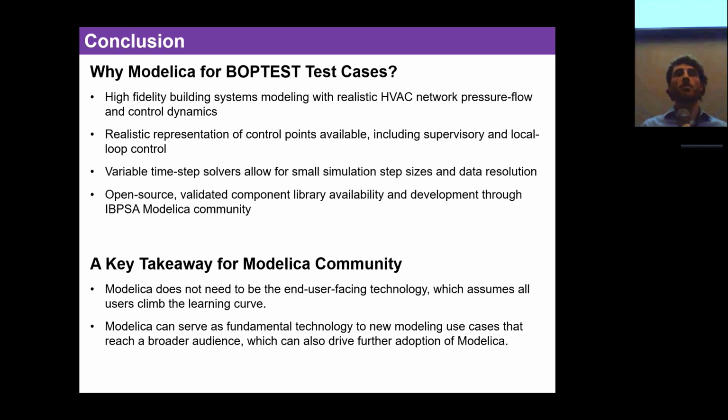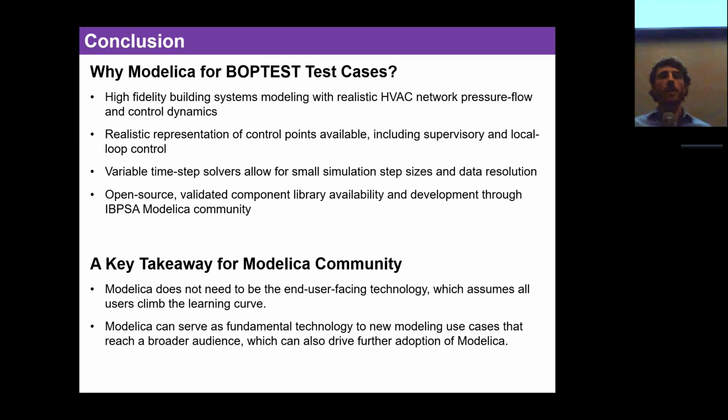Realistic representation of control points available, including supervisory and local loop control. Flexibility in terms of the use of variable time step solvers that allow for smaller or variable simulation step sizes, and the availability of open source validated component libraries, especially those developed through the BIPSA Modelica community, which we use.